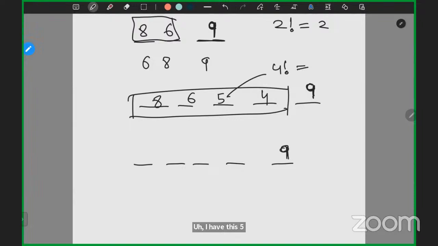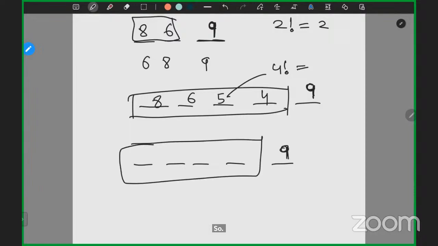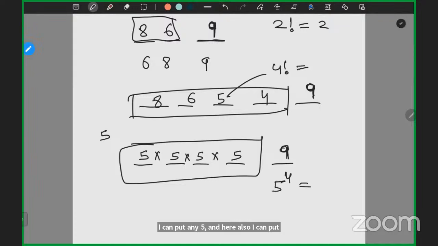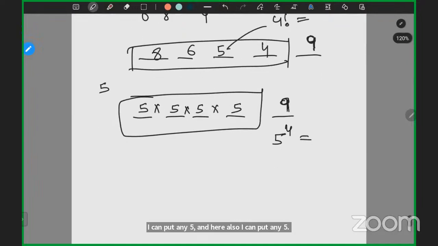It doesn't matter what I kept here. I only have 4 positions open, which change. I can put any of the 5 here, here also, and here also, so that will become 5 power 4.